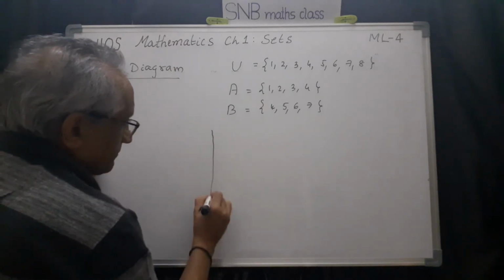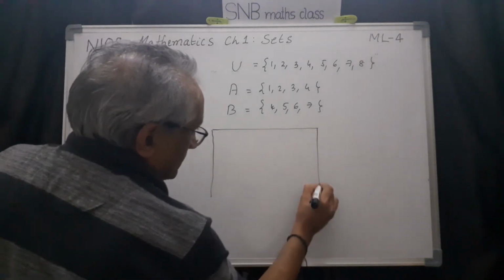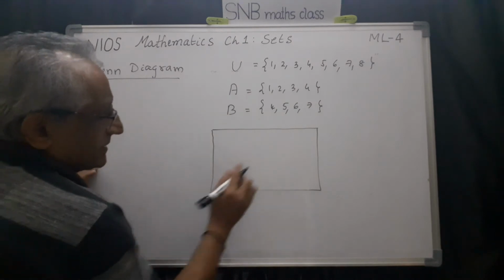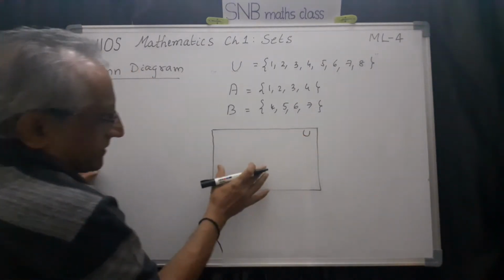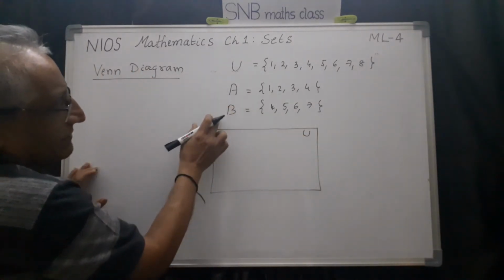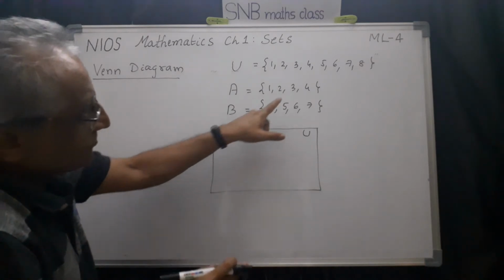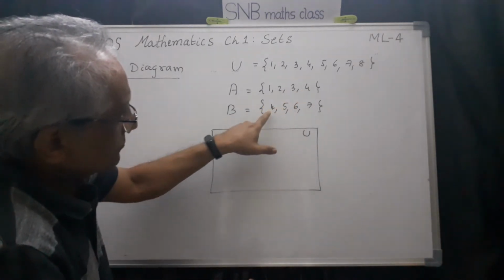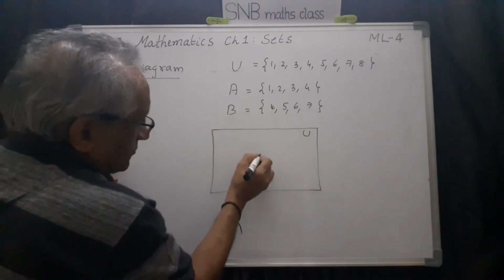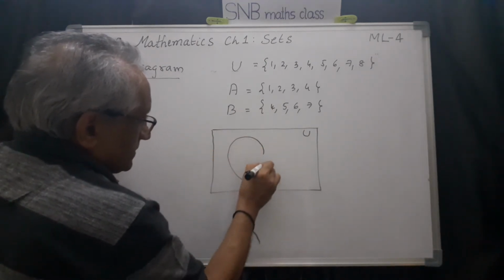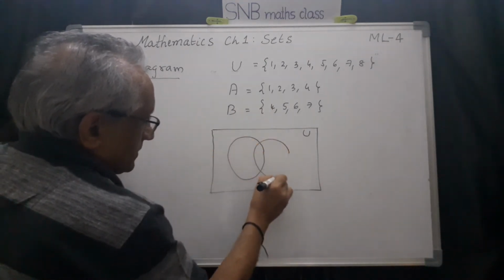The universal set is always denoted by a rectangle. Then, before you draw A and B, look at this: 4 is common to A and B. Therefore you should represent them by two circles like this.